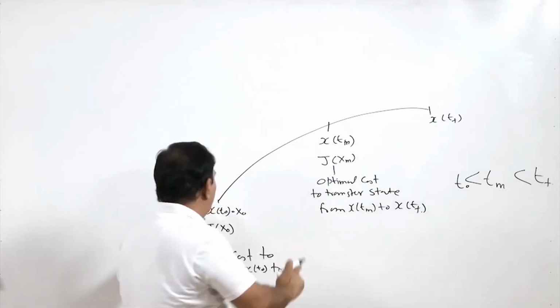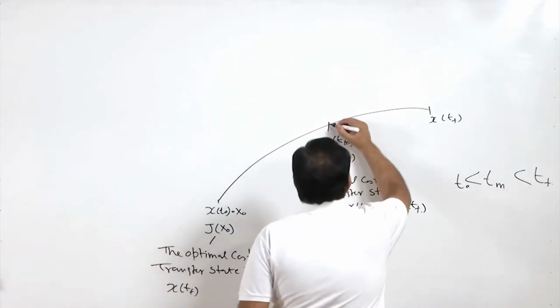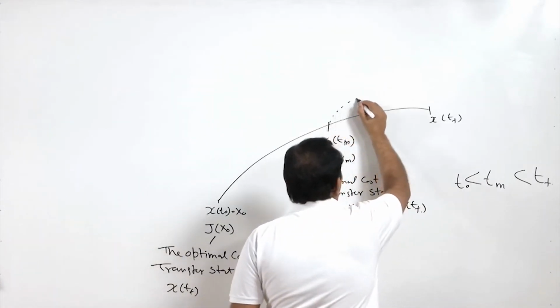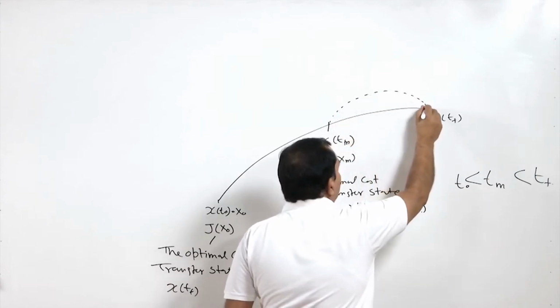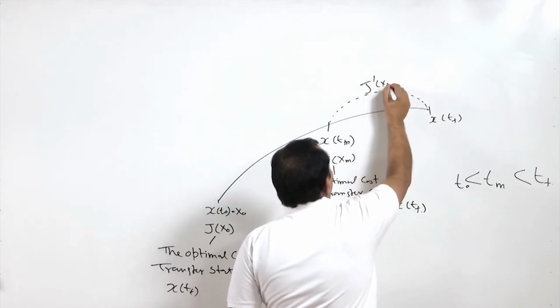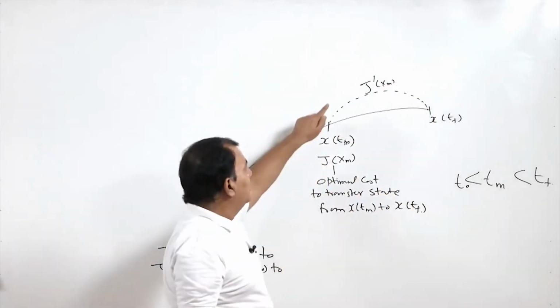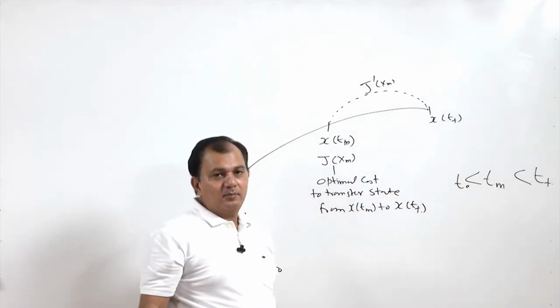Suppose x(t0) to x(tf) is my optimal trajectory, and let us say from x(tm) to x(tf) we have J'(x(tm)), the cost to transfer through the dashed line.